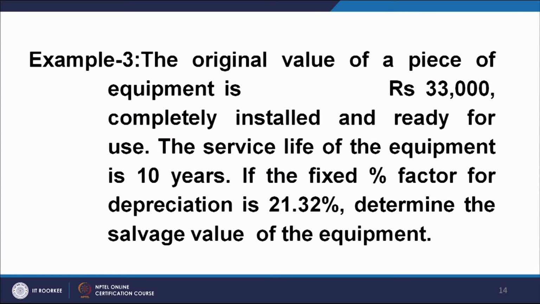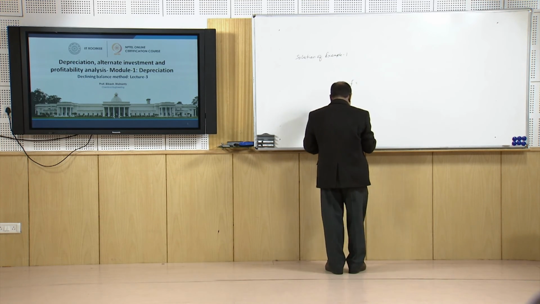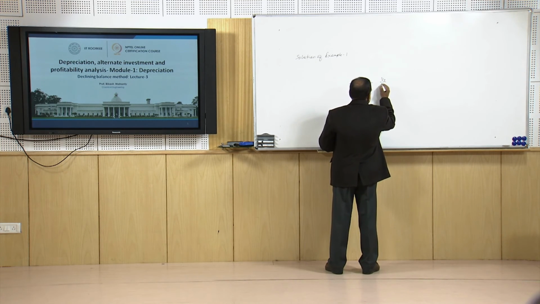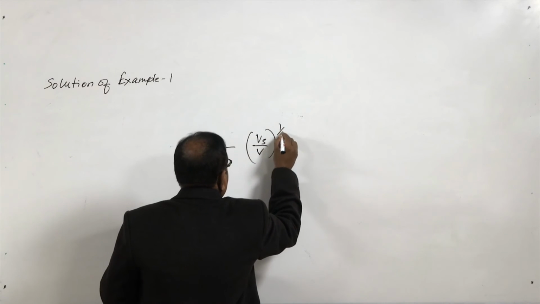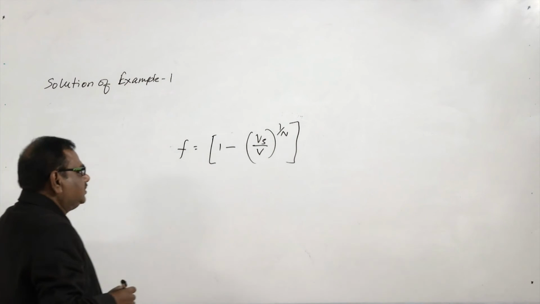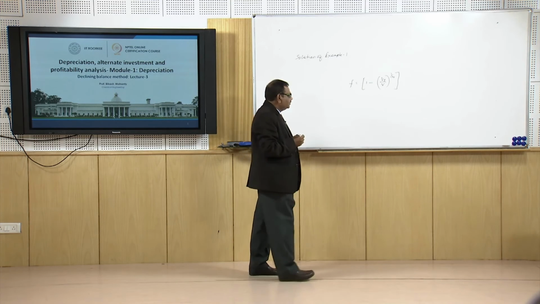If the fixed percentage factor for depreciation is 21.32%, determine the salvage value of the equipment. Basically here I would like to explain, our basic equation is F is equal to 1 minus (Vs by V) to the power 1 by n. This is the equation every time I am using to calculate different values.